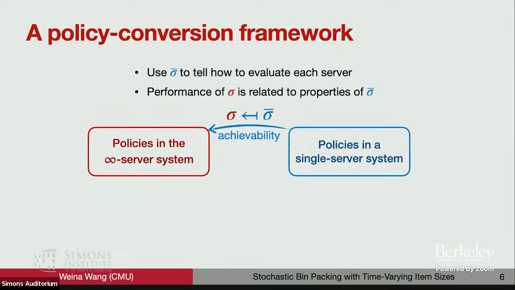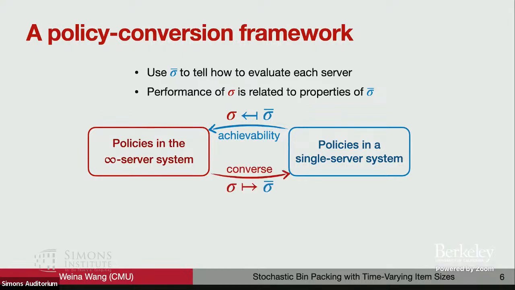And when we do that, we will use this single server policy sigma bar as a guideline for evaluating each server in the original system. It's going to tell us whether a server is going to be able to accept one more job or not. And then we are going to relate the performance of sigma to the properties of sigma bar. So this is what we can do with this direction.